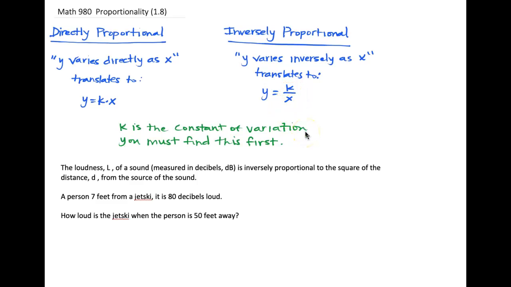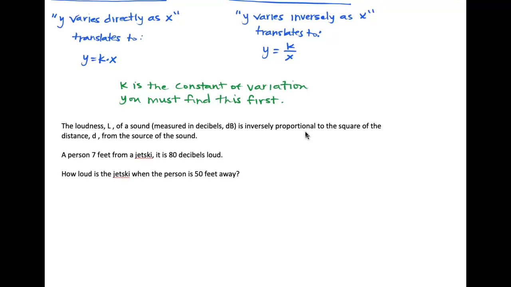Okay, but on a problem like this one, the loudness L of a sound measured in decibels is inversely proportional to the square, so let's make sure we remember that part there, the square of the distance d from the source of the sound.